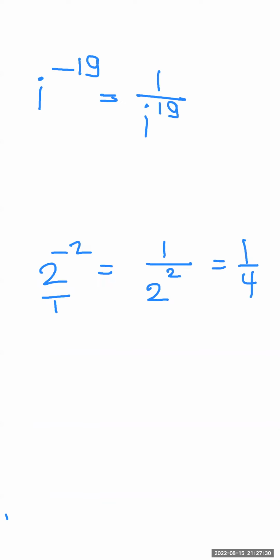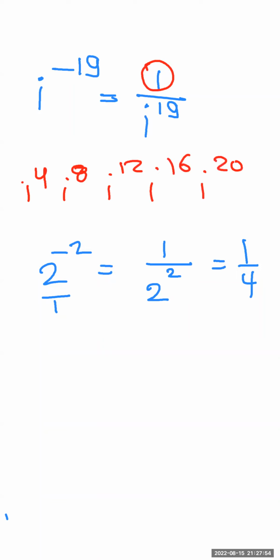Are we okay till now? Now the power becomes positive. Okay, actually, there is a simple way to solve this one. Here, guys, this number in the numerator is 1. 1 means i to the power 4, i to the power 8, i to the power 12, i to the power 16, i to the power 20, i to the power 24, i to the power 28, i to the power 32.